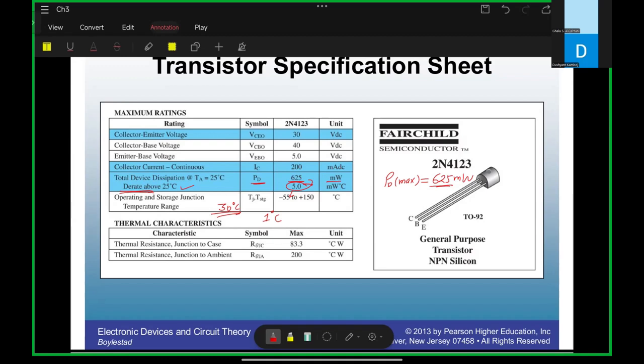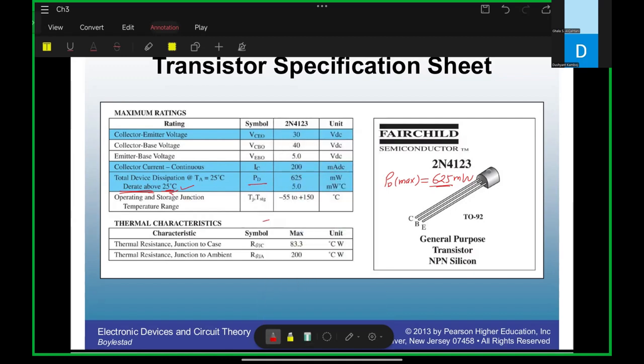Did you understand my point or not? So how much temperature do I increase from 25 to 30? No, you didn't understand what I'm saying, I'm again repeating. See, basically, the transistor has one property: maximum power dissipation.